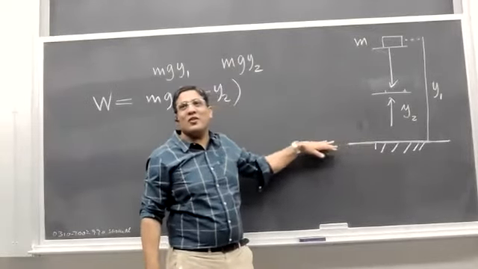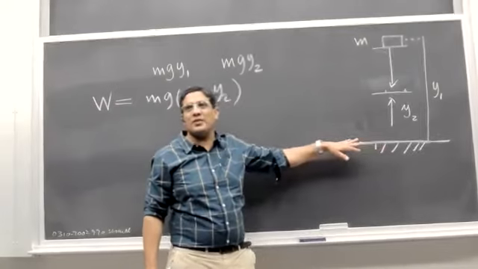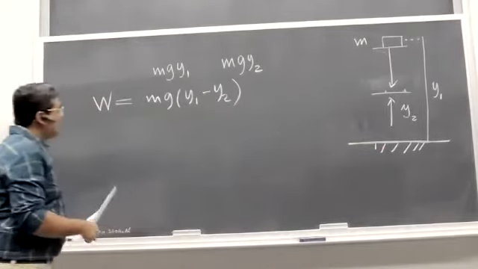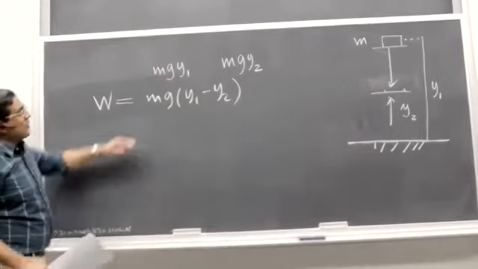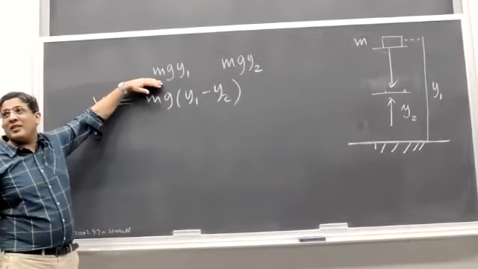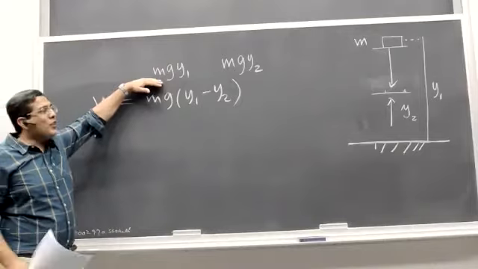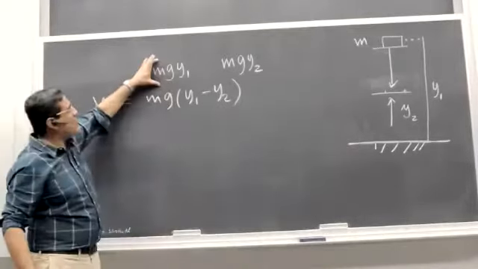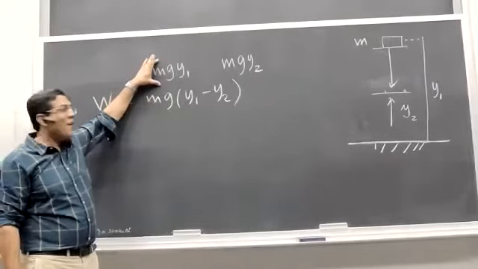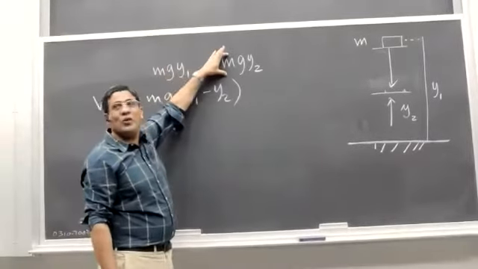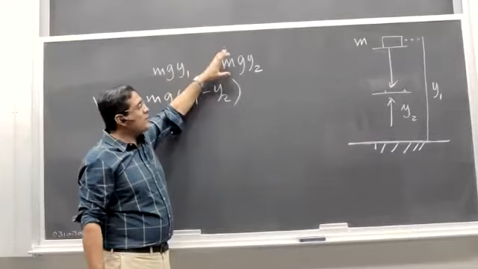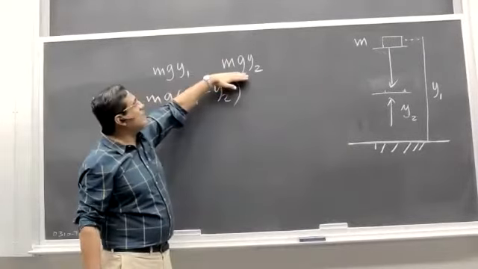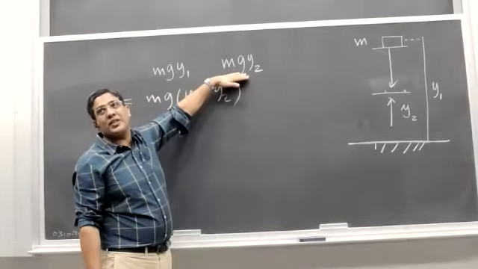So this is very important, that it really depends on energy. Potential energy is always defined from a reference point. When it is at y1 and we are looking at its ability to do work with respect to ground, then mgy1 is the amount of work it can do. When it is at y2 and we are looking at its ability to do work while getting to the ground, mgy2 is the work it can do, and this is its potential energy.